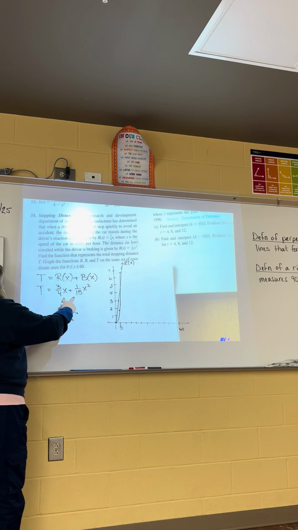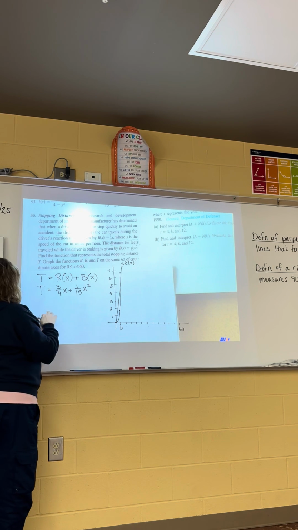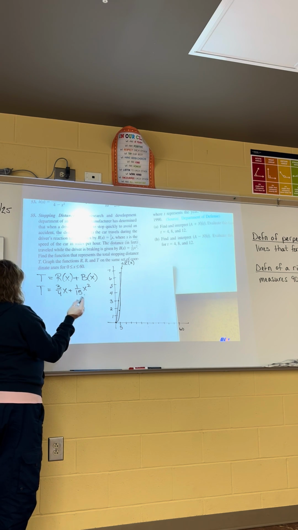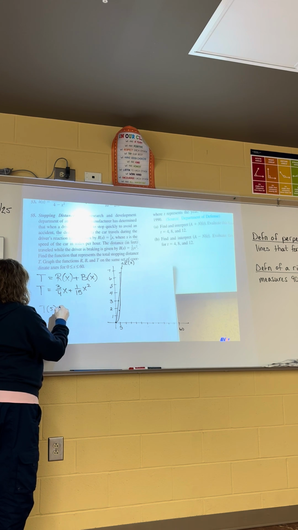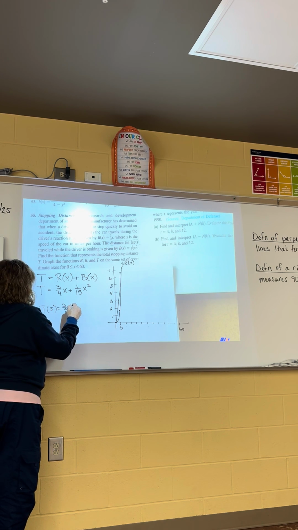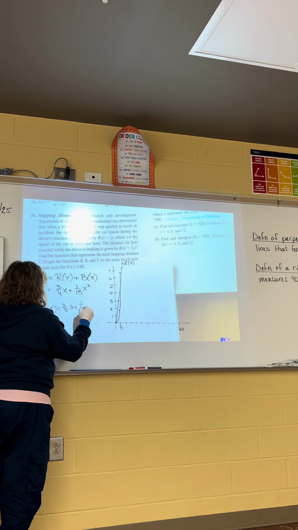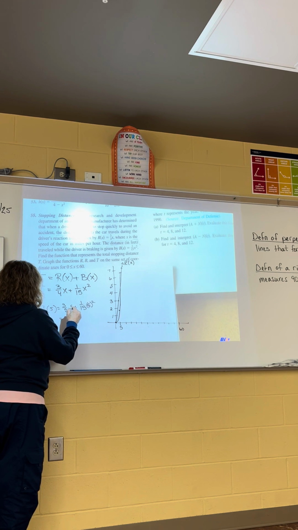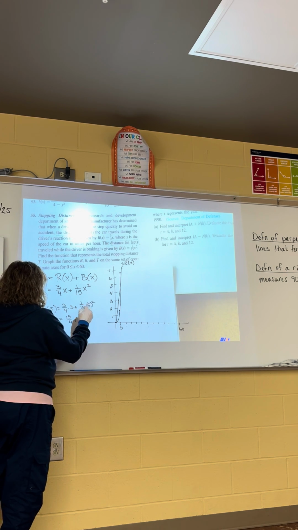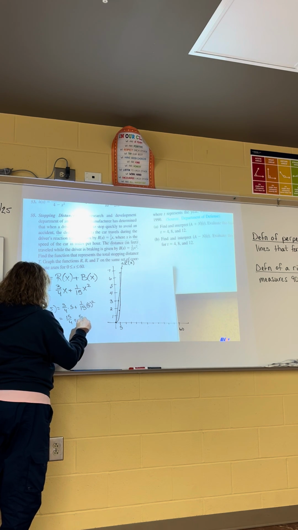And then these two together, let's plug in 5 again. T of 5, 3/4 times 5 plus 1/15 times 5 squared. This is 15/4 plus, we just did this one, it was 5 over 3.